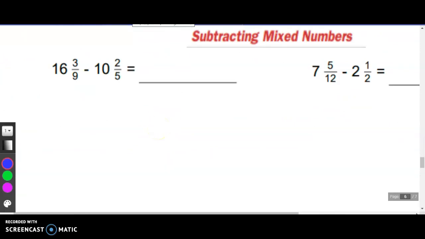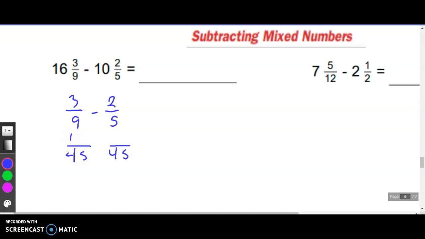Same thing with subtracting. I'm going to do this one because it's a little bit more difficult. Because we are going to borrow, which isn't difficult, but when we do 3/9 minus 2/5, we look for the common denominator. It happens to be 45, which is kind of ugly, but it is what it is.